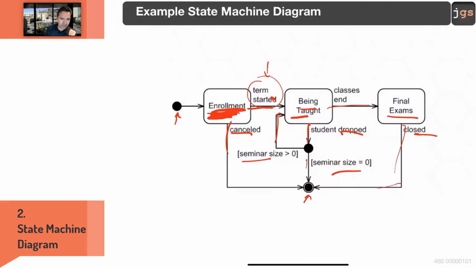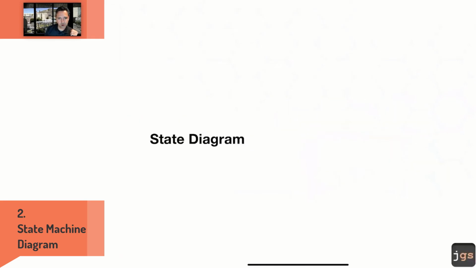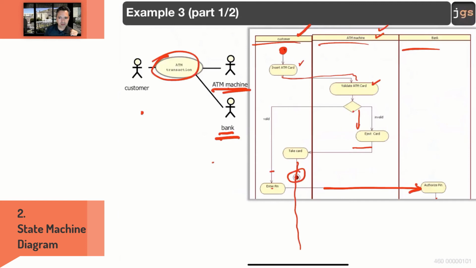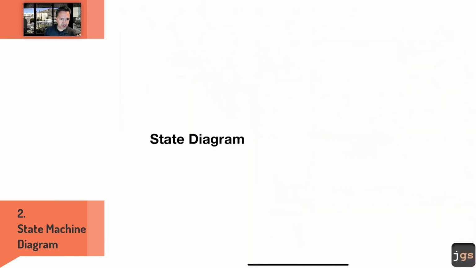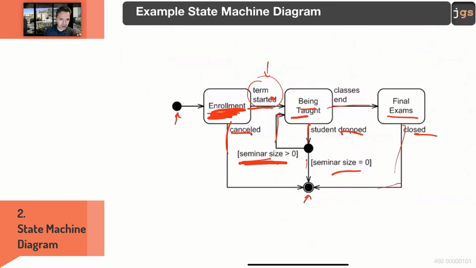Two, in the activity, if we go back, the only lines with some kind of text are those lines that go out from a diamond. The lines that are not from a diamond, all the others, do not have text. If you identify a diagram and the diagram has text for everything, that is a state diagram, not an activity. And you need to read also the boxes.